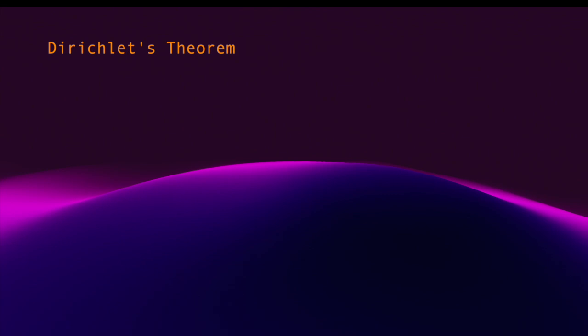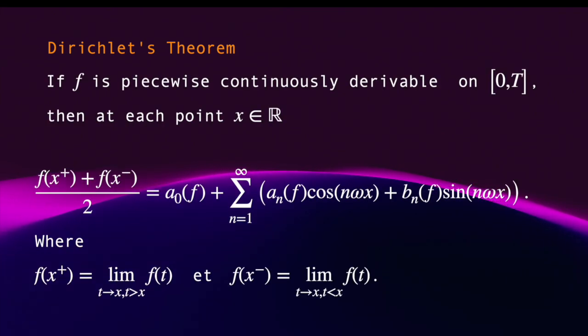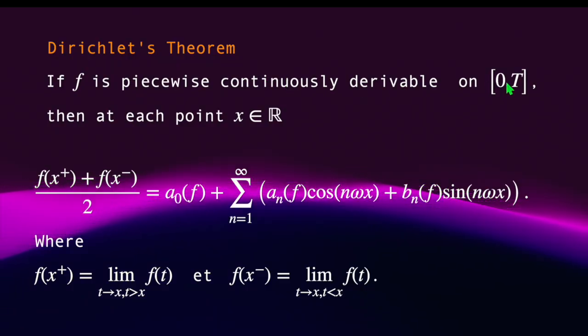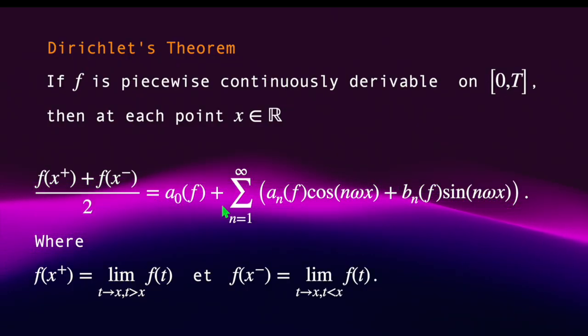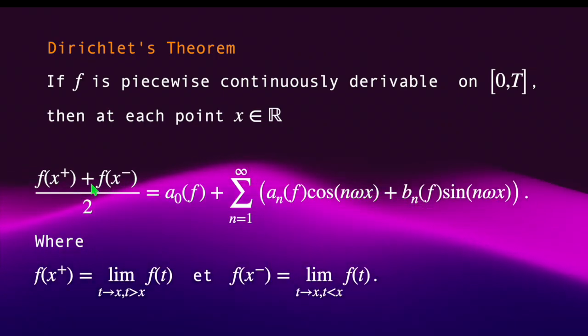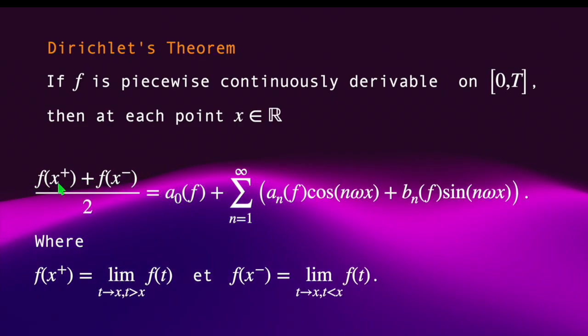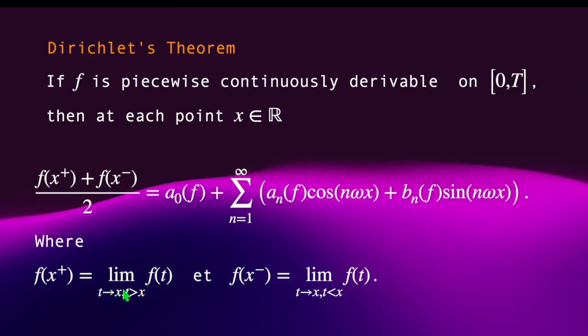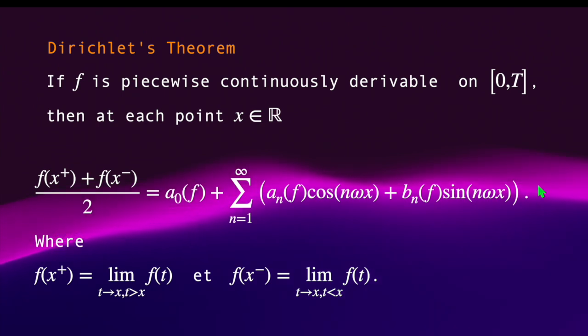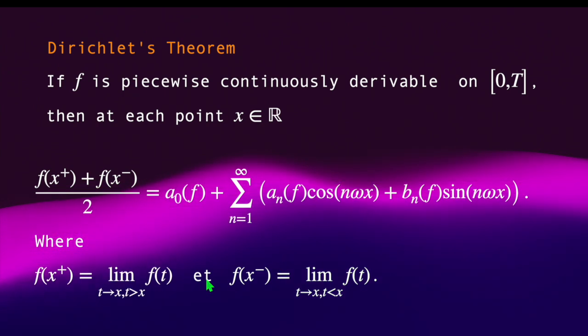We have Dirichlet's theorem, which says that if f is piecewise continuously differentiable on [0,T], then the Fourier series converges to the average of the left limit and the right limit of f at x. So if f is continuous at x, this series converges to f.